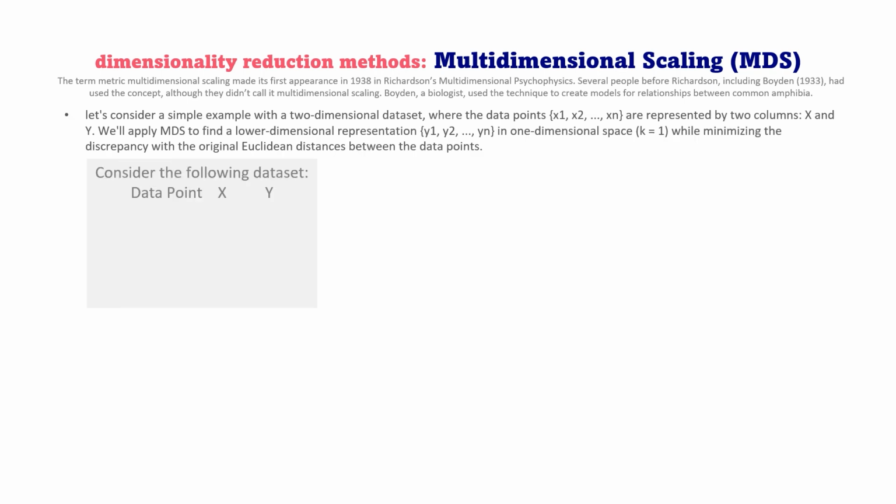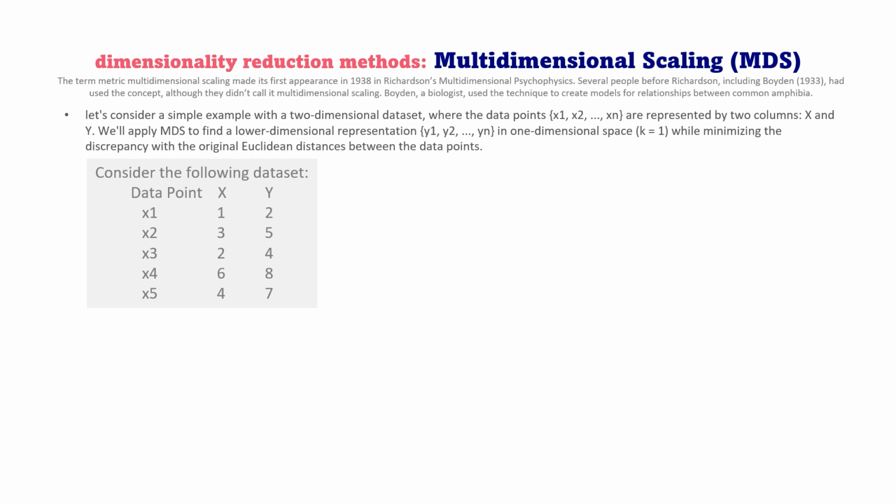It's nothing but two simple columns, or two features, where the data points x1, x2, x3, x4, x5 and so on xn are represented by two columns x and y.